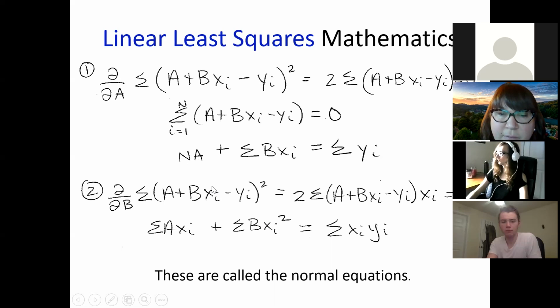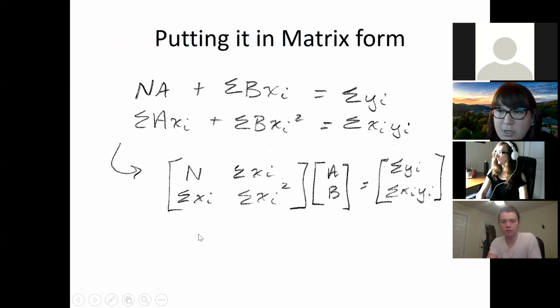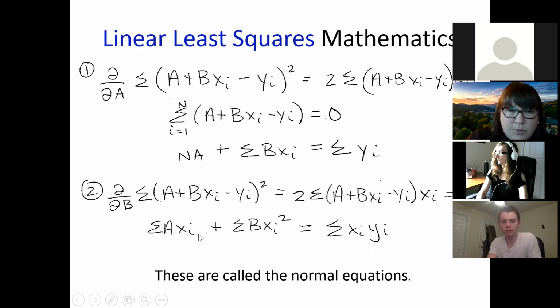And b does have a constant value next to it, so we multiply that on the outside as part of the chain rule, but otherwise it's the same steps as before. And we end up with this expression for when we consider the function minimized with respect to b.